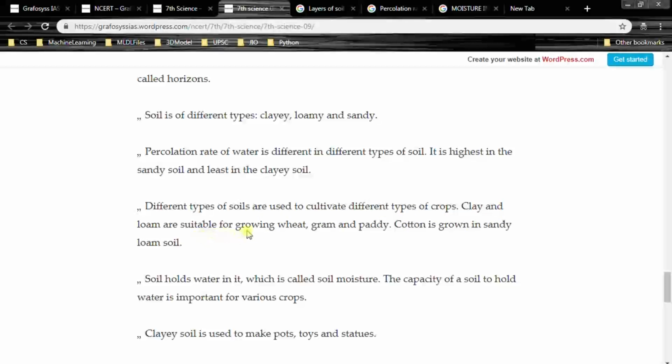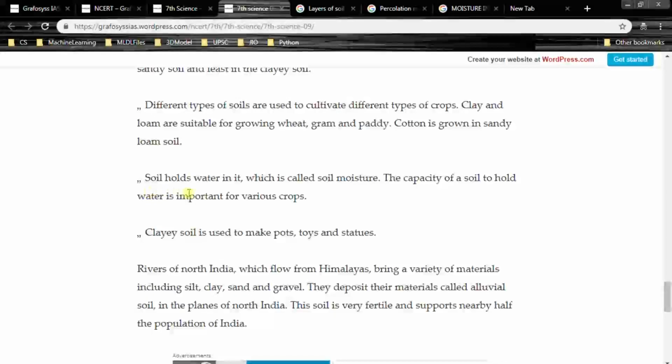Clay and loam are suitable for growing wheat, gram and paddy. Cotton is grown in sandy loam soil. Soil holds water in it, which is called soil moisture. The capacity of a soil to hold water is important for various crops. Clayey soil is used to make pots, toys and statues.